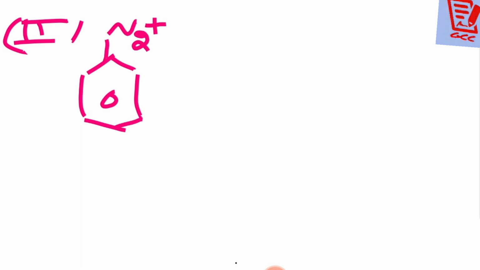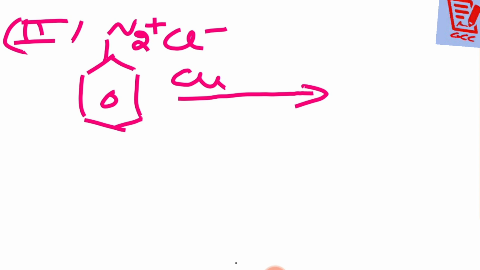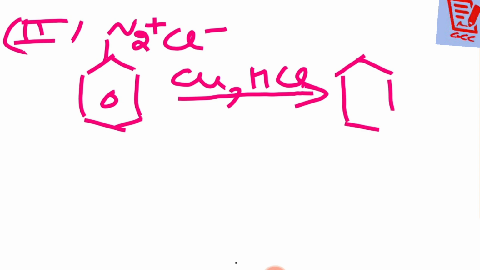Now you see the difference in the Gattermann reaction. What to do there, beta? Here N2+ Cl-. But previously we were using Cu2X2, and here only copper salt, copper with HCl. So there will be formation of chlorobenzene plus N2.